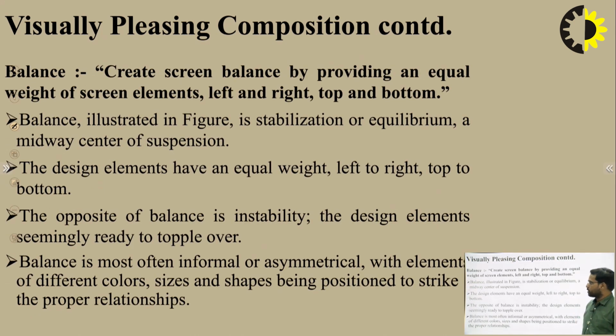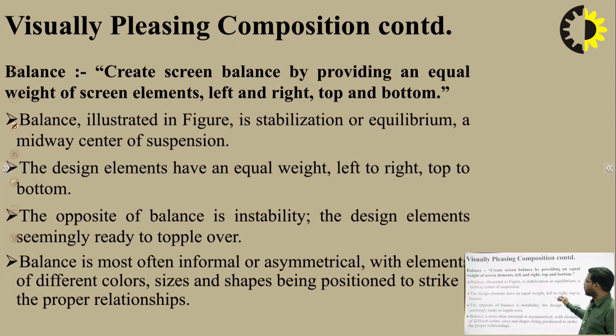So first is balance. Balance means we create a screen balance by providing equal weight of screen elements left, right, top, and bottom. For example, if you talk about your mobile screen, there are different applications, and the applications have a fixed amount of balance.